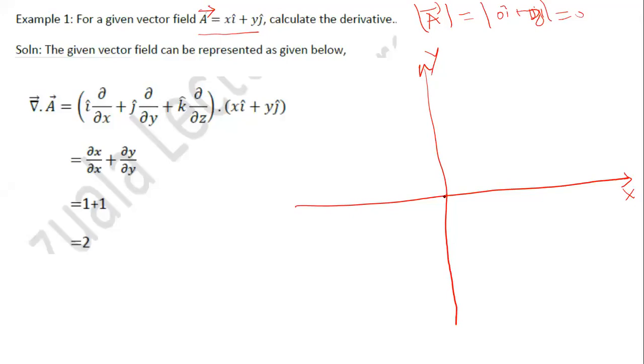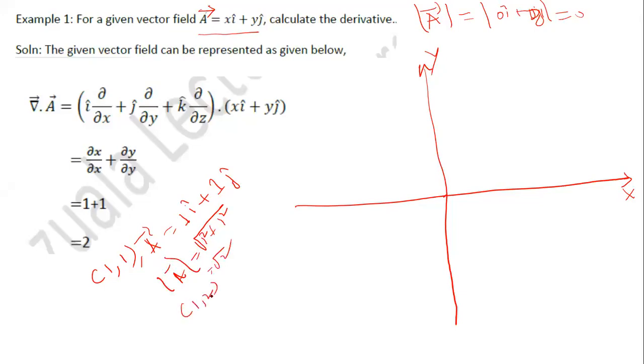Now, at x equal to 1 and y equal to 1, the vector A becomes 1i plus 1j. If you take the magnitude of this, it would be square root of 1 square plus 1 square, which is square root of 2. Now, let's get to another point, 1, 2.